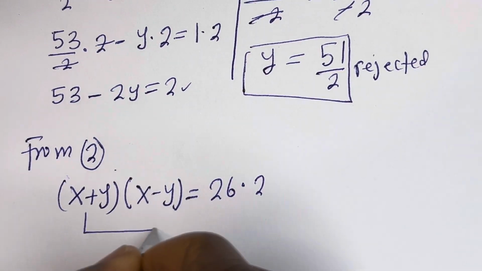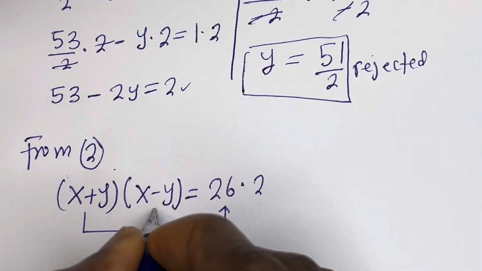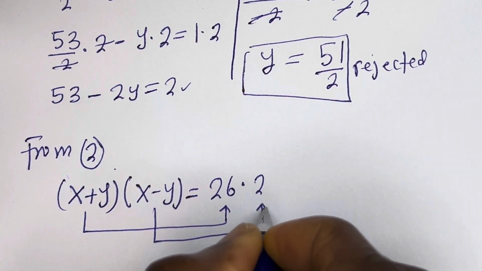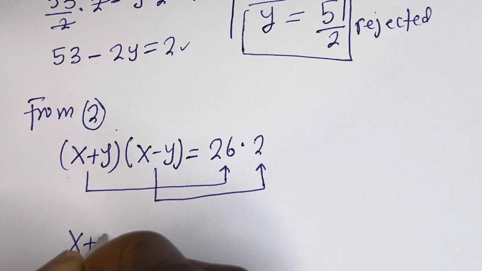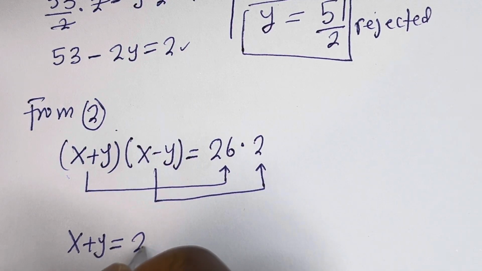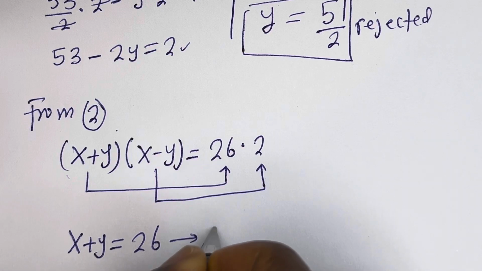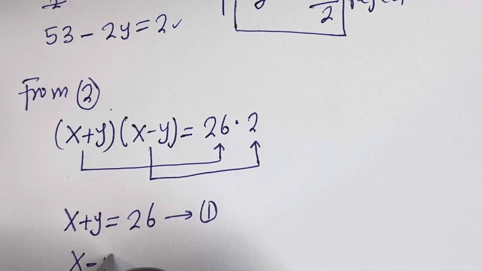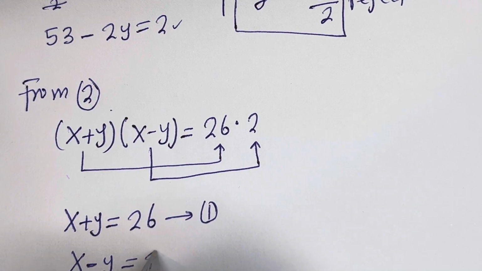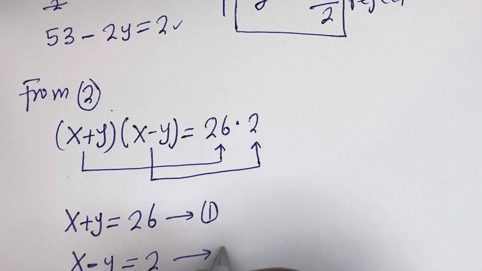Then this will go for this, and this will go for this. We have x plus y is equal to 26. Let's call this equation 1. x minus y is equal to 2. Let's call this equation 2.